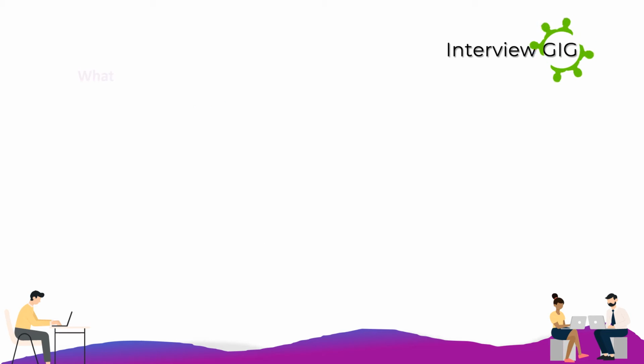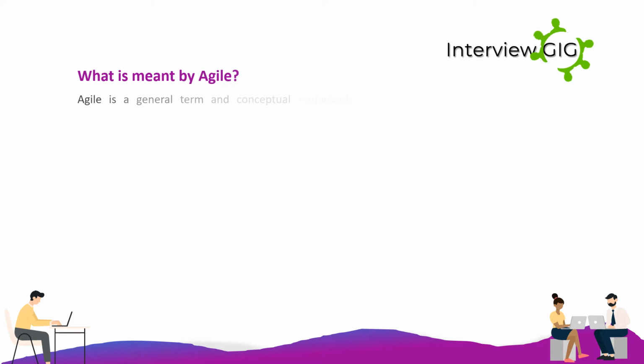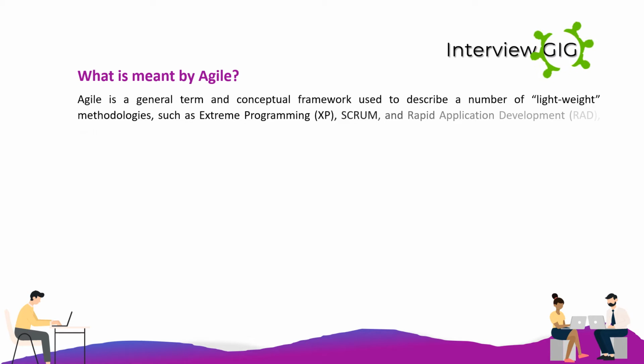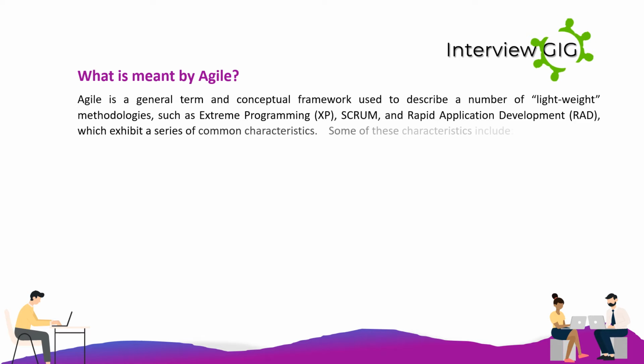What is meant by Agile? Agile is a general term and conceptual framework used to describe a number of lightweight methodologies, such as extreme programming, XP, Scrum, and rapid application development, RAD, which exhibit a series of common characteristics.